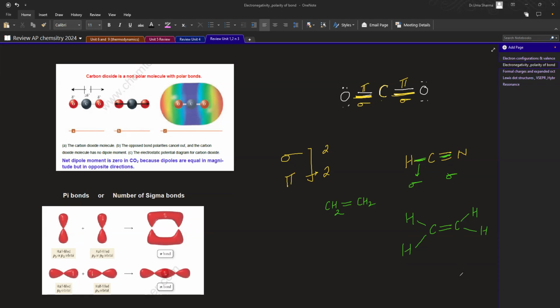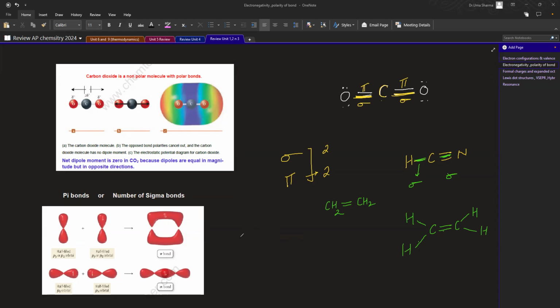So how many sigma, how many pi? All of you, please try to answer this. Isabella? One, two, three, four, five, and one pi.